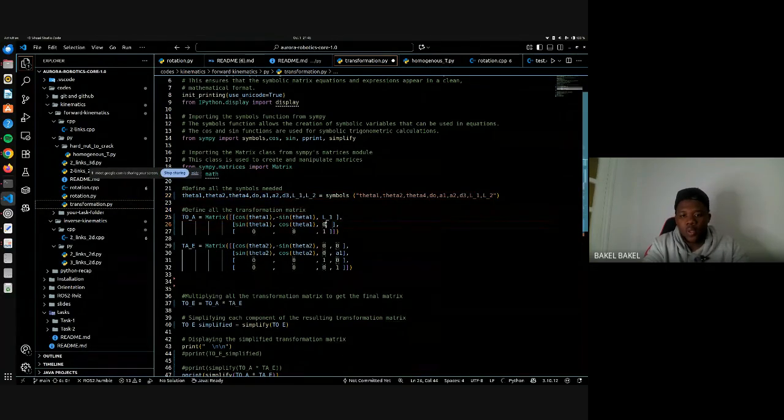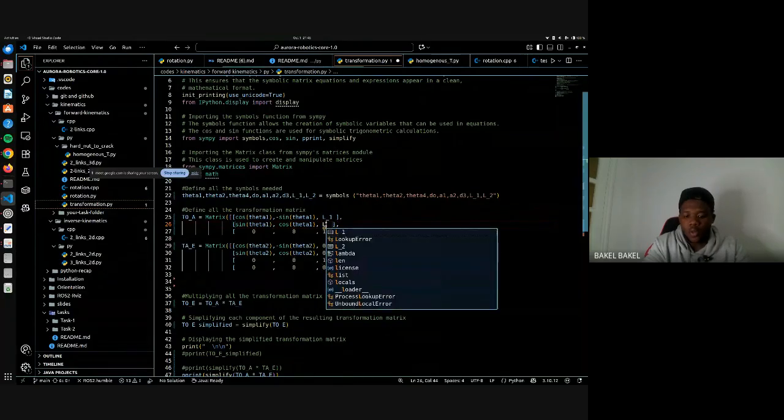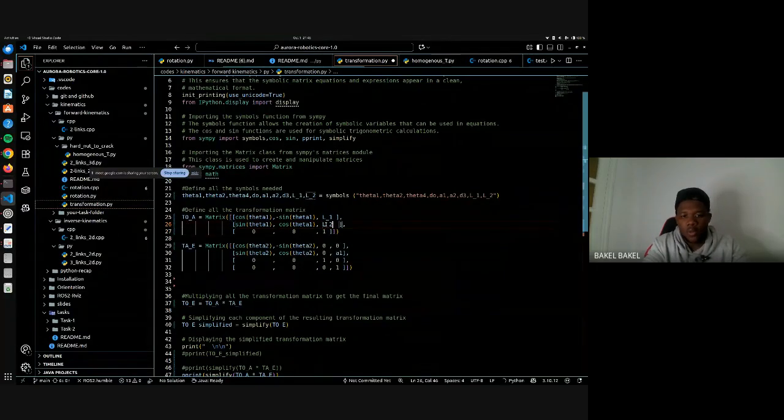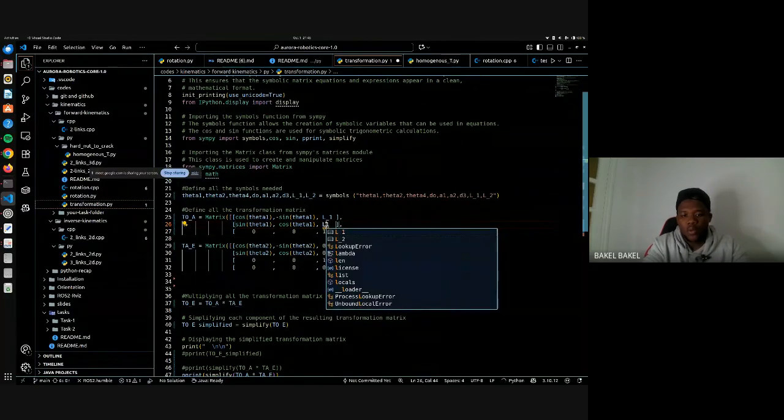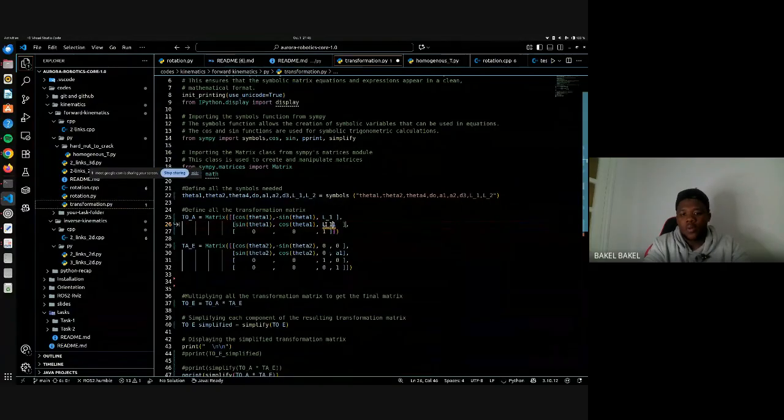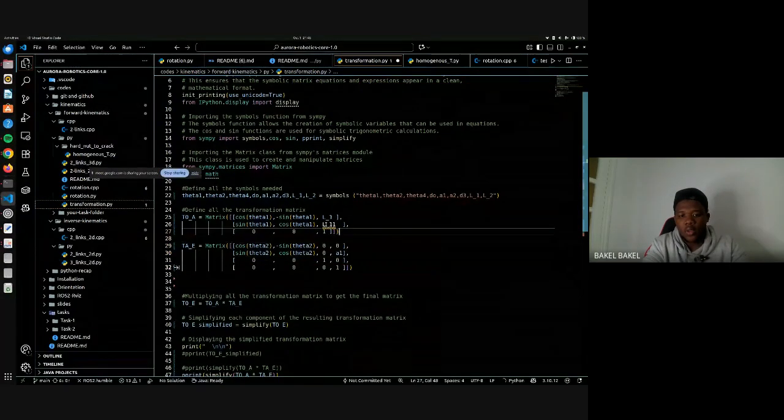And then L_1. And I eliminate this row because we didn't do anything like that.